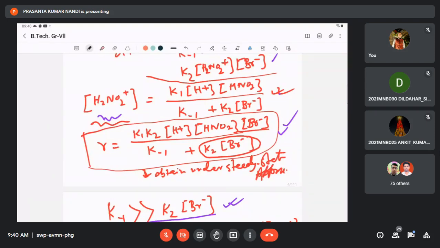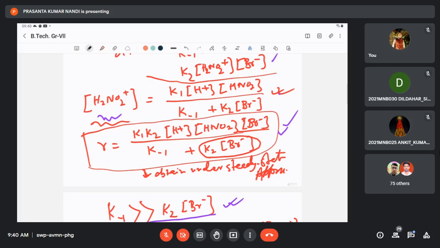So these expressions we ultimately obtain based on the steady state approximation. Now we assume that the second step is much slower, because if you remember, of the three steps, the second step is the slowest.